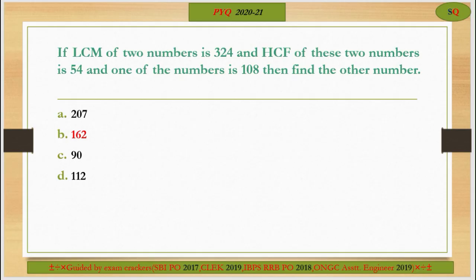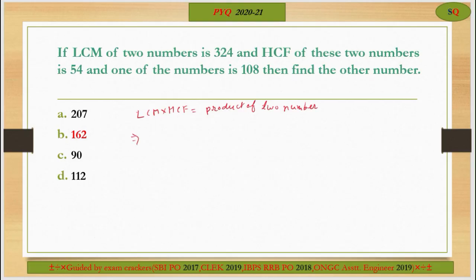If LCM of two numbers is 324 and HCF of these two numbers is 54 and one of the numbers is 108, then find the other number. To do this question, we know that LCM into HCF equals the product of two numbers.